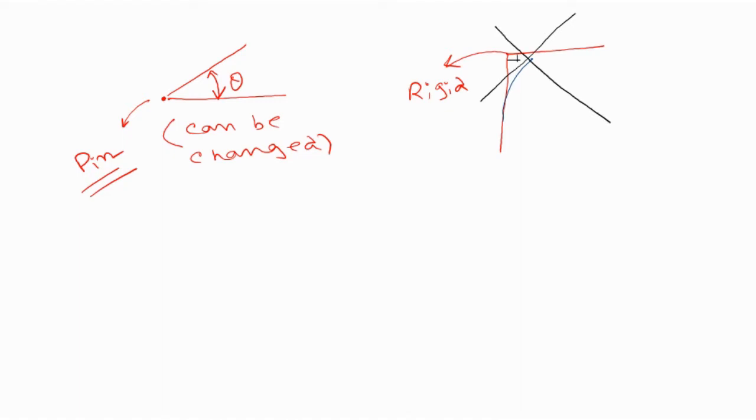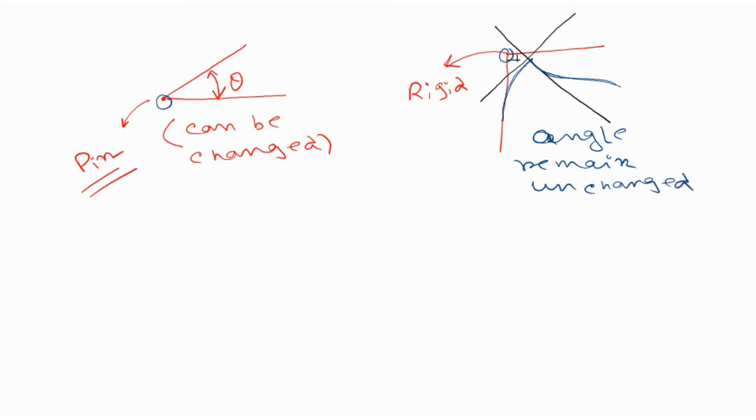The angle between the tangents will also be 90 degrees, so the structure will deform like this, so that the angle between the members remains unchanged even after the deformation. That is the difference between rigid joint and pin joint.